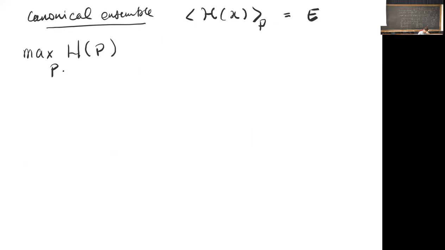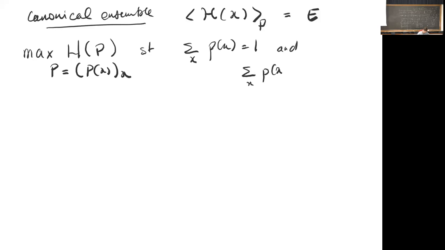And again, I think of this probability distribution as a vector of weights, such that, first constraint, it is normalized, and second constraint, the average of the Hamiltonian is some constant E. So I define the Lagrange function.